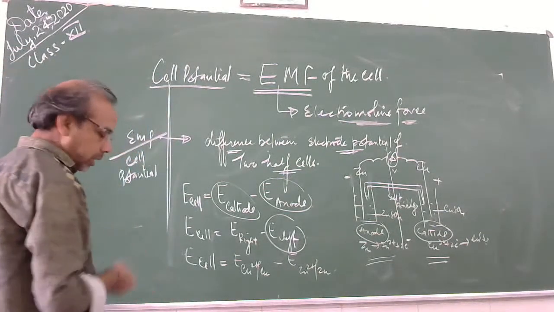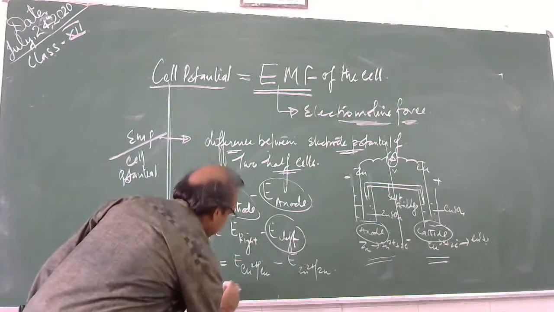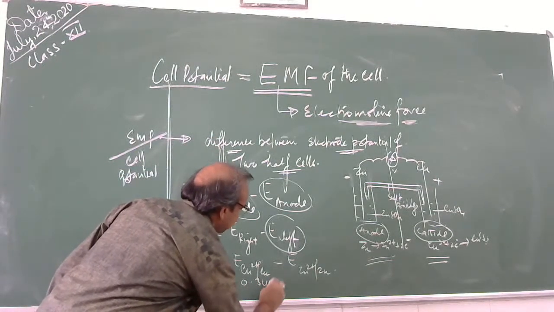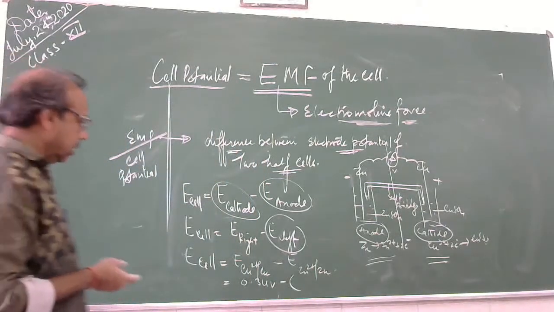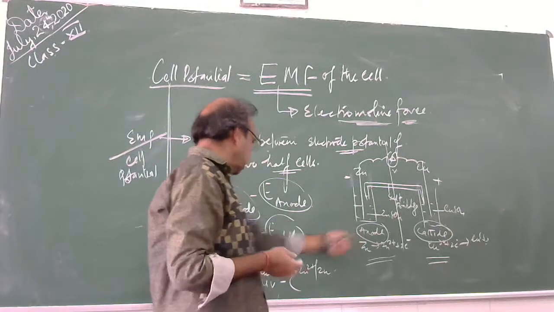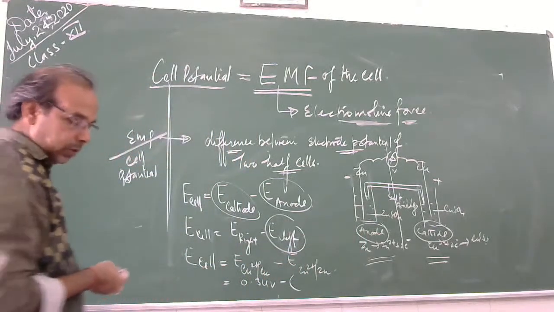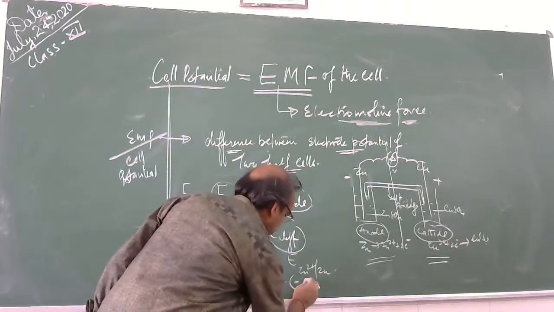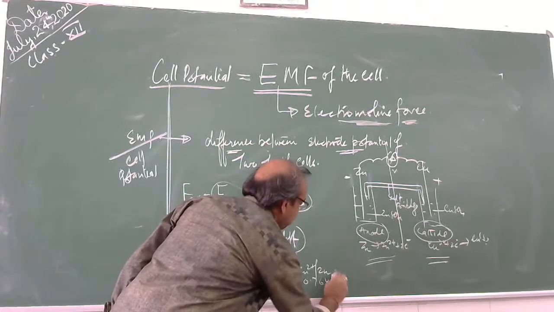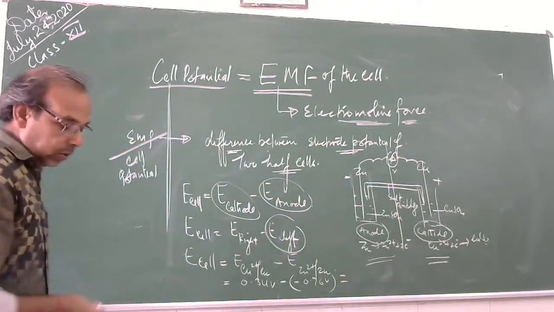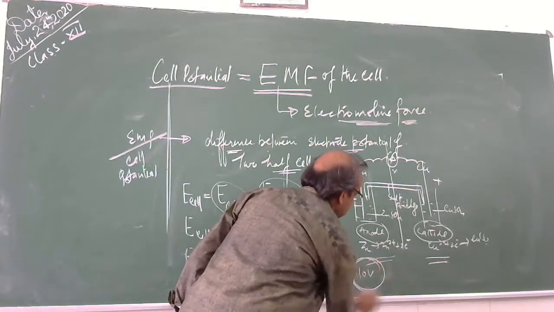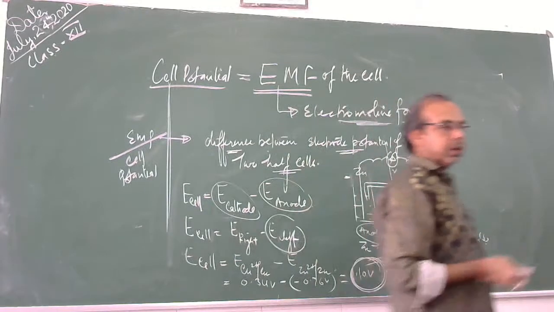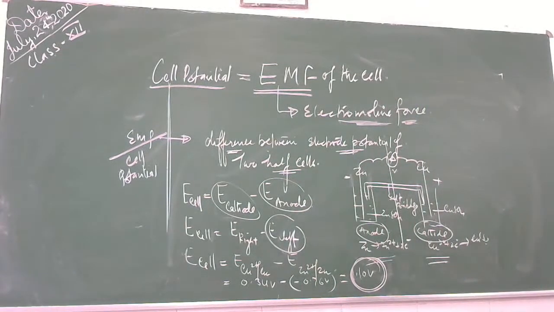Suppose E cathode is equal to 0.34 volt, minus E left at the anode, which is minus 0.76 volt. So that will be equal to 1.10 volt. This is the electrode potential of the Daniell cell.